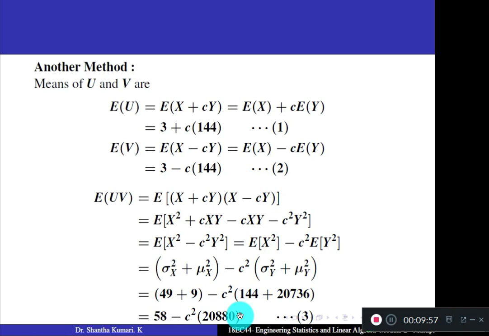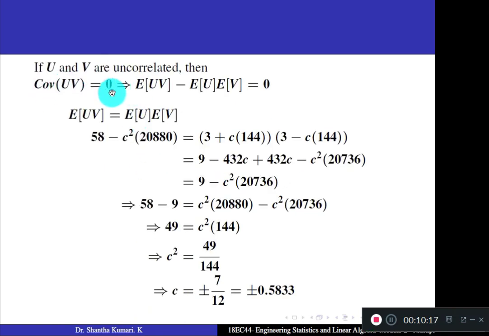And what is the condition given? U and V are uncorrelated. Uncorrelated means covariance is 0. Covariance of U and V is 0. Covariance of U and V is nothing but expectation of UV minus expectation of U into expectation of V. Covariance of UV equal to 0 means expectation of UV minus expectation of U into expectation of V is 0.